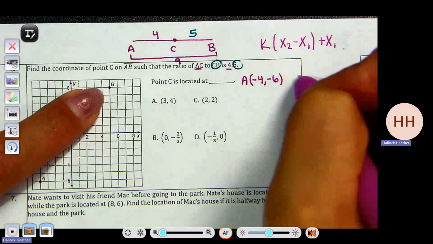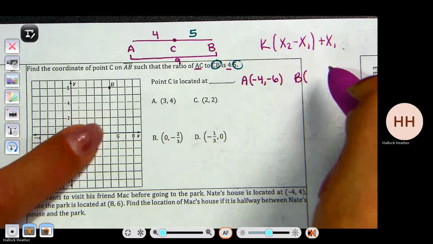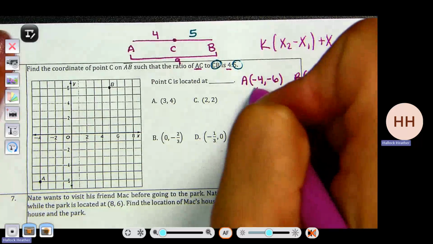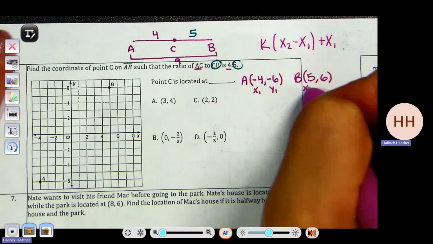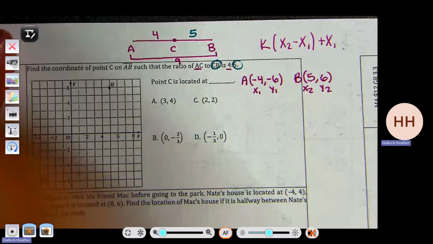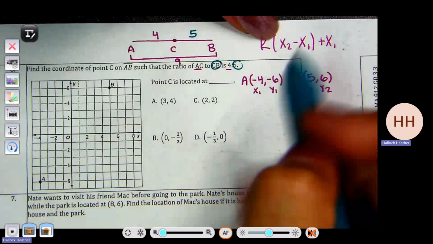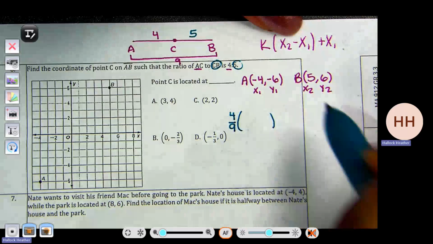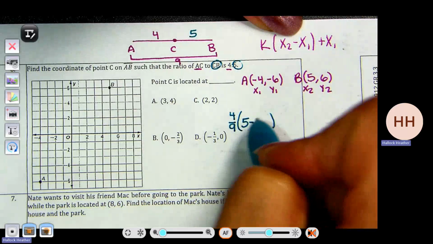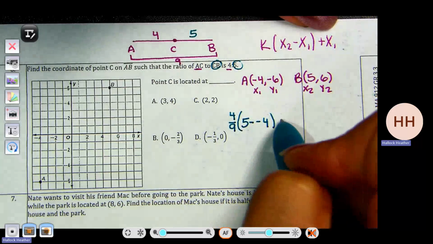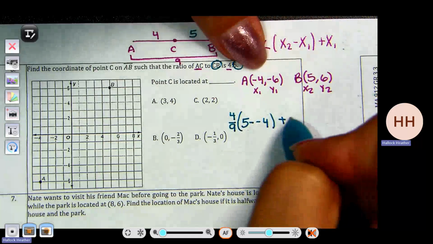B is at (5, 6). This is x1, y1. This is x2, y2. K we said is 4/9 because we have to add them together. I am multiplying by x2, which is 5, and I am subtracting -4. Remember, you could just type this into Desmos and it gives you the answer. Plus x1, which is -4.